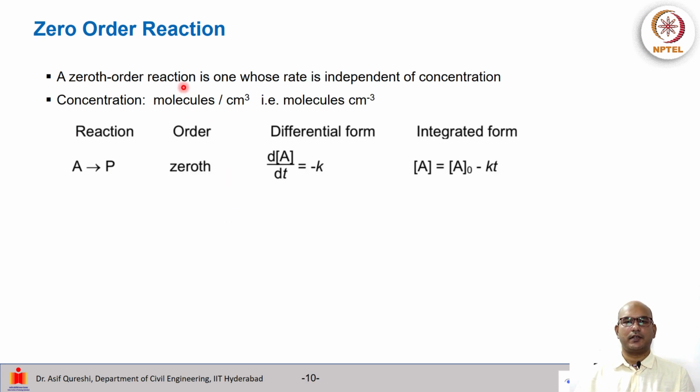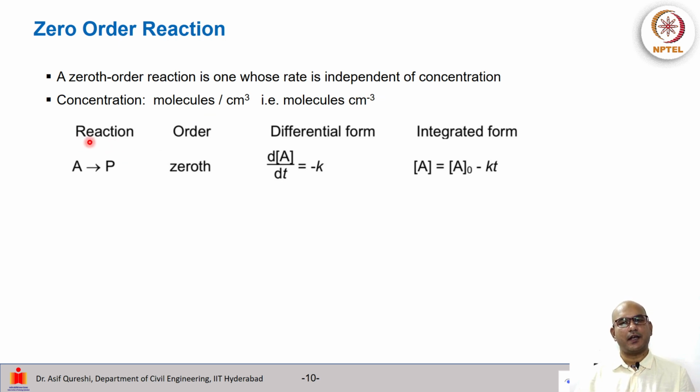In a 0 order reaction, the rate is independent of the concentration. Here, for example, we have the concentration, and the concentration is written as molecules per centimeter cube, or molecules centimeter to the power minus 3.